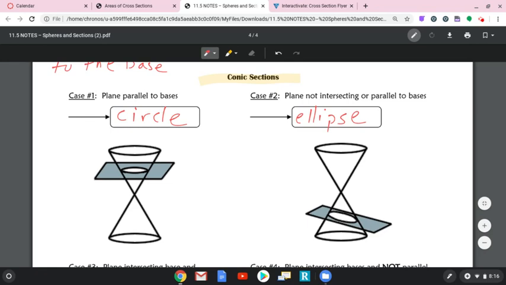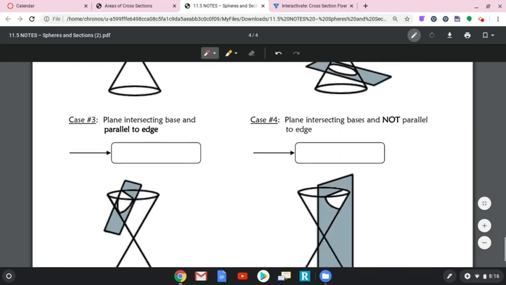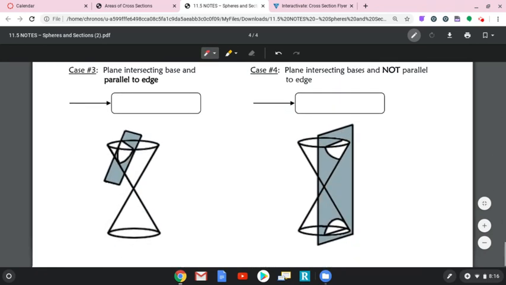All right. Now let's go to our next one. Plane intersecting base and parallel to the edge. The key word here is parallel to the edge. If it is parallel, meaning it's parallel to this edge right there, what is it going to form? If it's parallel to that edge, that means that plane will only intersect one of the cones.